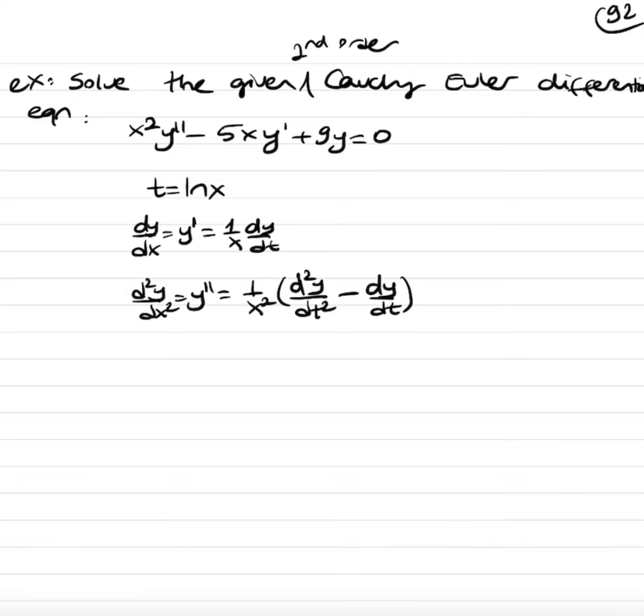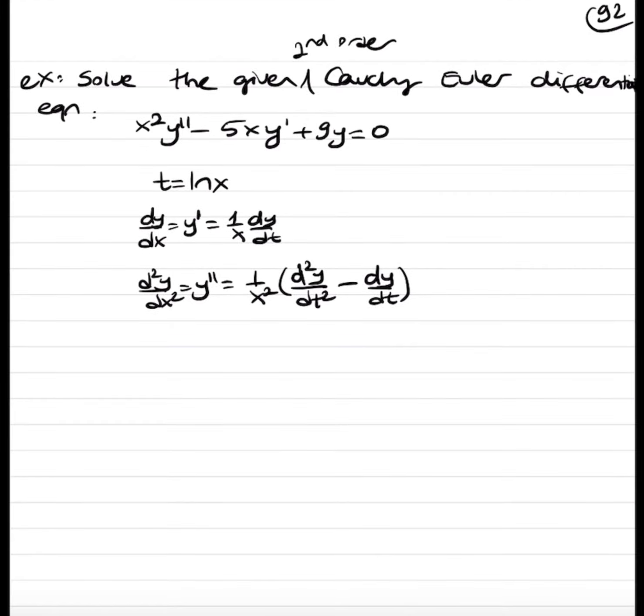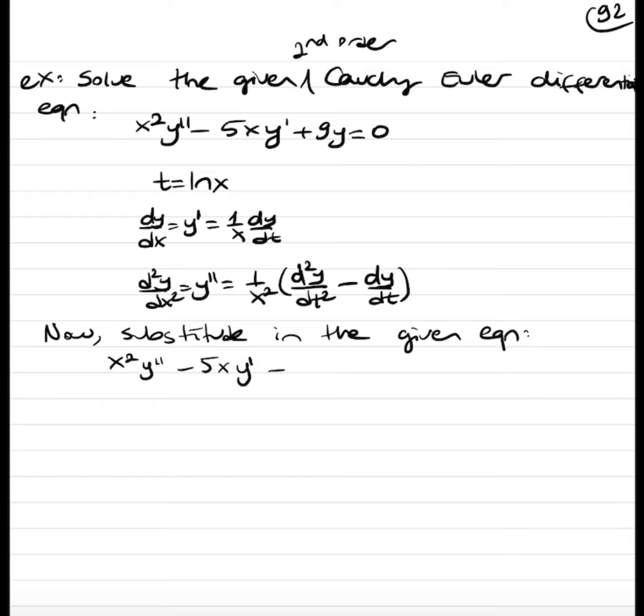Okay, let's substitute this one, in the given equation. What is the given equation? x squared y double prime minus 5x y prime plus 9y is equal to 0.